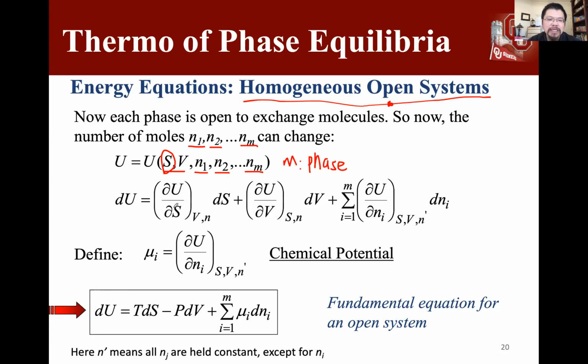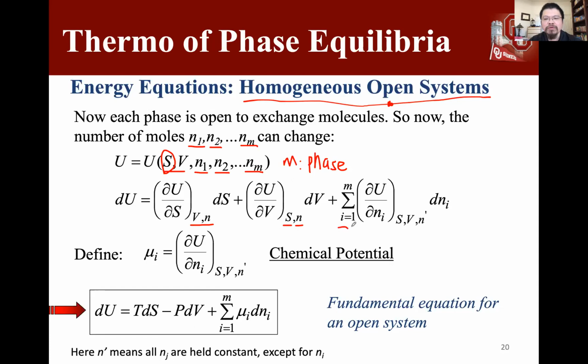If we are looking at the partial derivative, then we try to maintain the volume and all those species, the number of moles, fixed. And we move on to take the second partial derivative, dV. Over here, we try to keep the entropy and the number of moles for all those phases fixed.